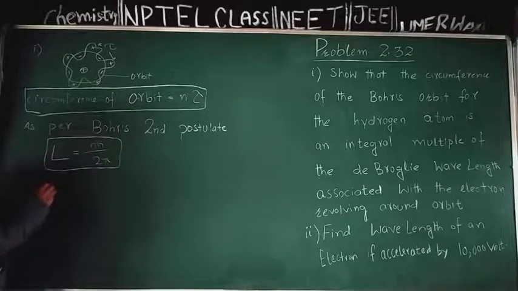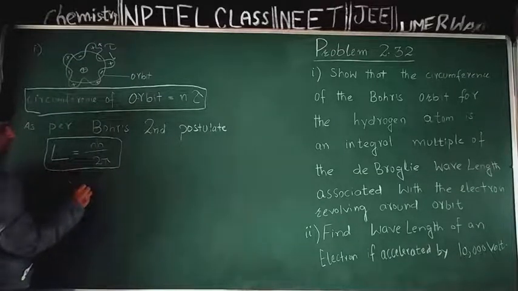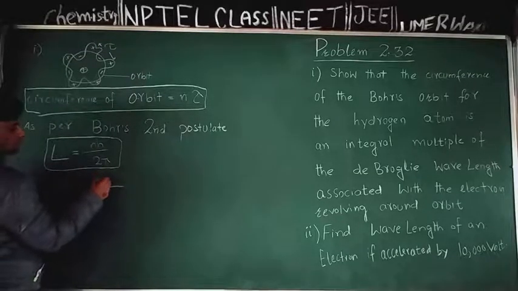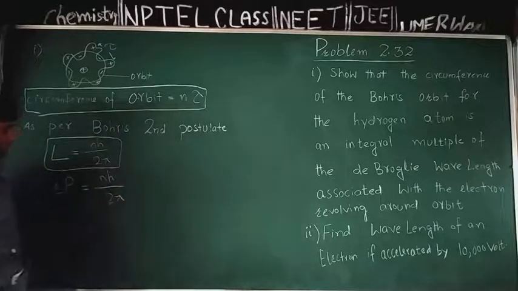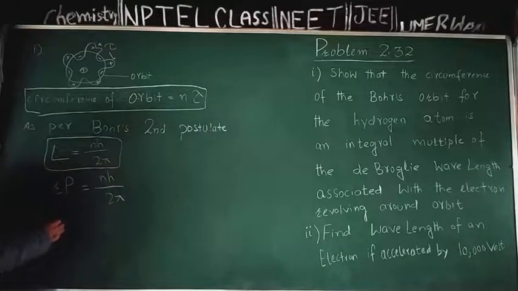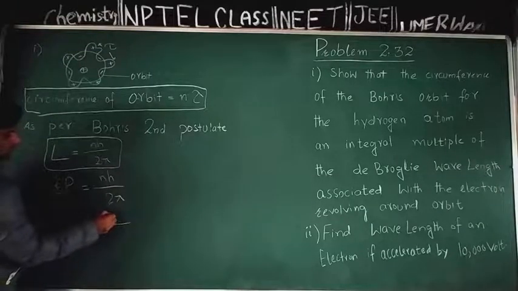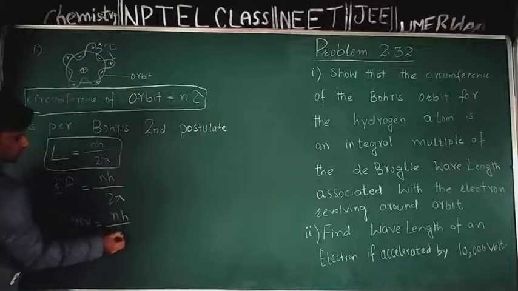Now angular momentum of electron is equal to product of radius of orbit and linear momentum of electron. r into p is equal to nh by 2 pi, and linear momentum is equal to product of mass and velocity, m into v is equal to nh by 2 pi.